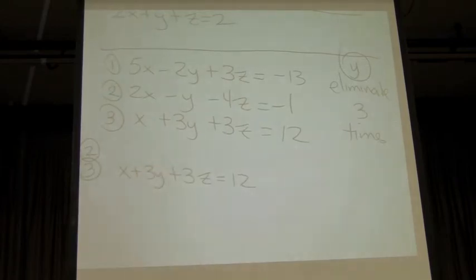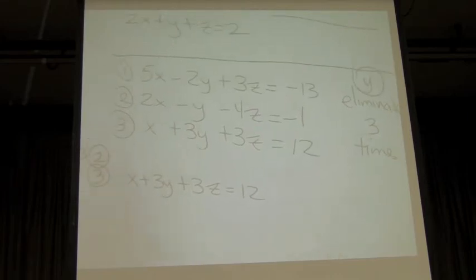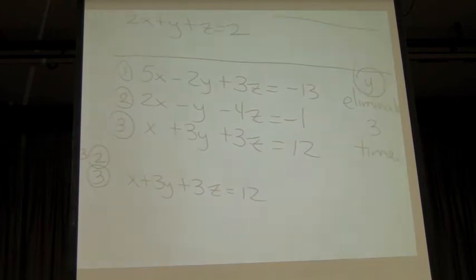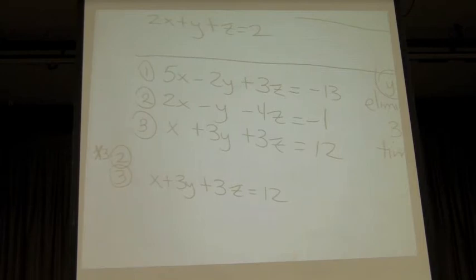But I am going to take equation number 2 and do what with it? I'm going to multiply it by 3. And so for me, I like to take notes in the side of my paper of what I'm doing. That way, if I get lost, I can come back and say, wait, what was I doing again? And I can see my notes. Okay? So I'm going to multiply equation number 2 by 3. And what do I end up with?